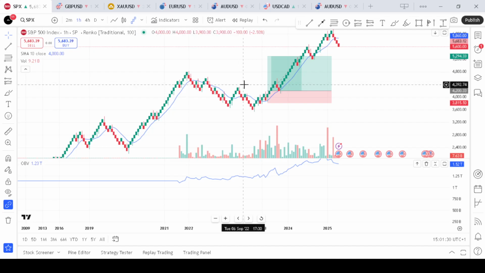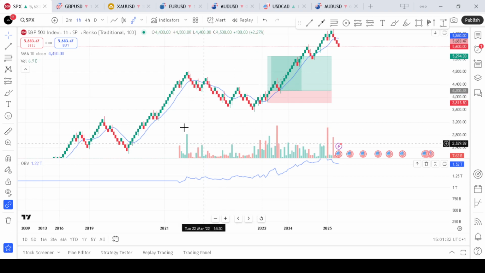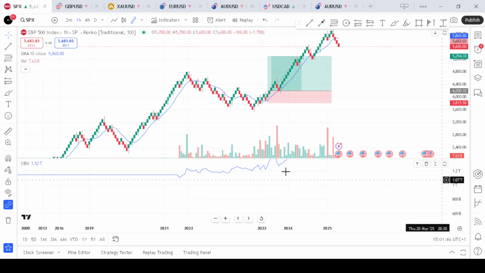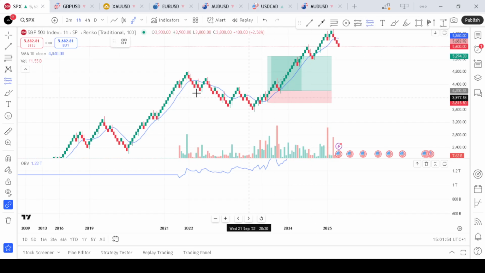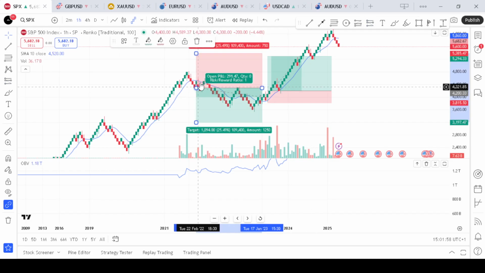Then in a short position, when you find that price is significantly below the simple moving average, you enter your position when price has made a new low on our unbalanced volume indicator. And as you can see, we made a new low. This is where we would enter our sell position after the two red bricks have formed.